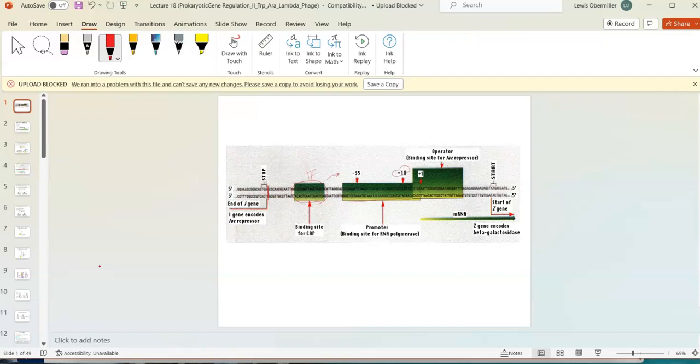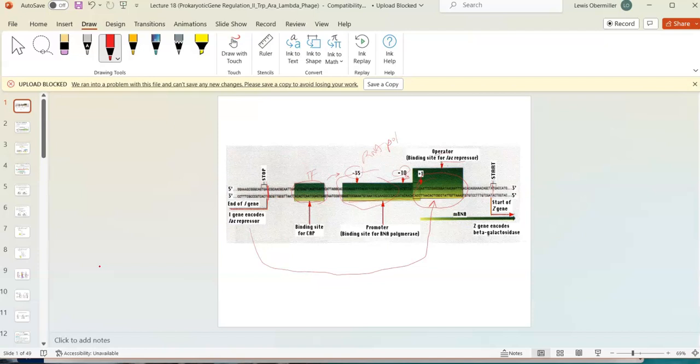Here's the -10 and the -35 box that we've discussed. This is the operator, where the lac repressor binds. And it effectively blocks the polymerase, remember that's an RNA polymerase, from converting this DNA into RNA.